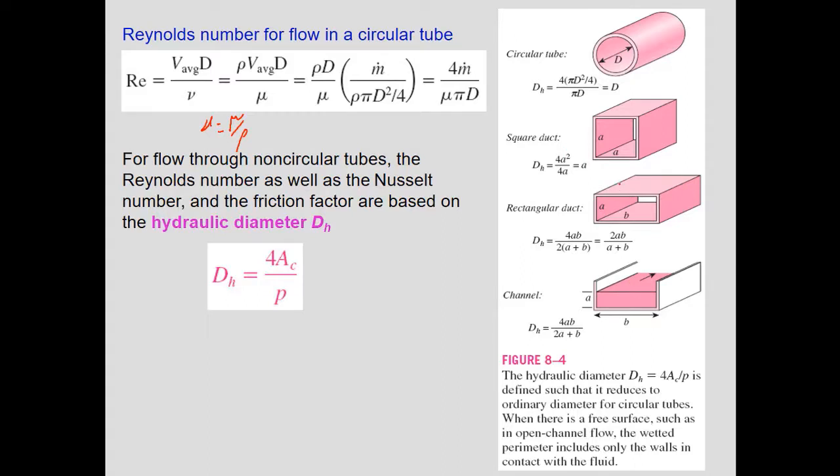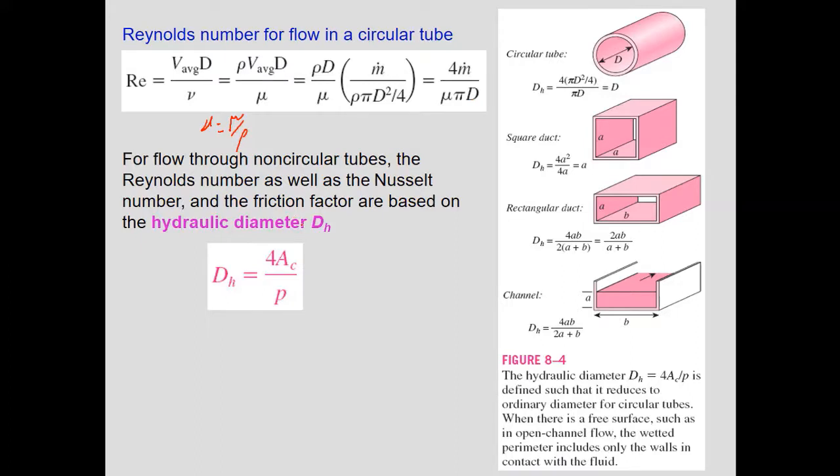Then how can we calculate the Reynolds number for the flow in this type of media? Again, we can use this equation, but we should find a value for D. Here m dot, mu and pi are characteristic of the flow and are constant. The only difference is D.